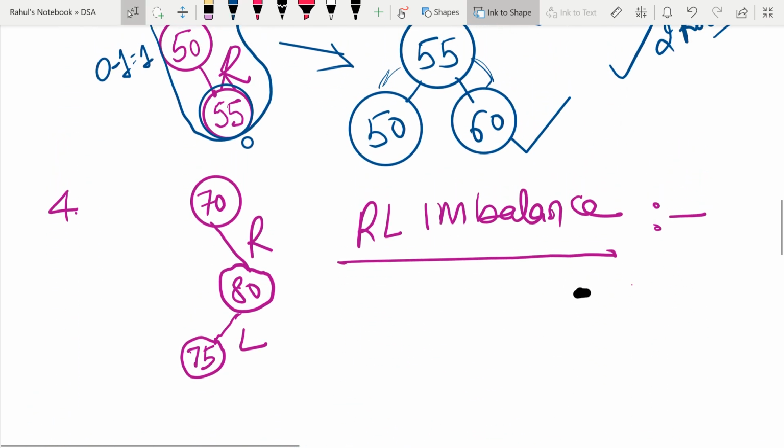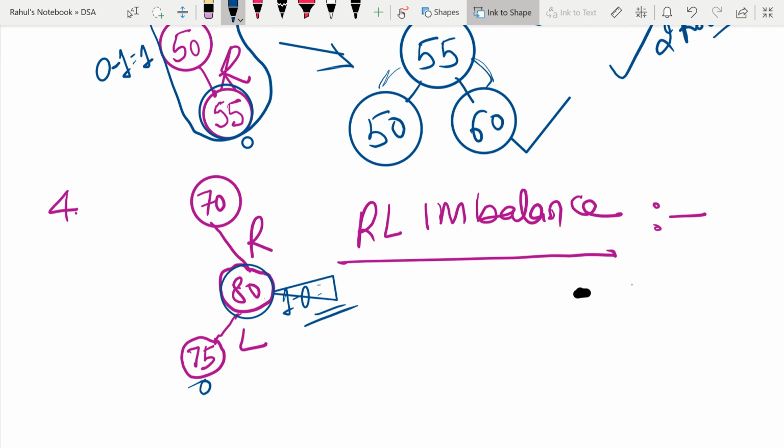Now if you look at the RL imbalance, that is right-left imbalance. If you calculate the balance factor of the lowest node, it is a leaf node, so its balance factor is 0. The balance factor of this node is the height of the left subtree, 1, minus the height of the right subtree, 0. So 1 minus 0 is 1. No problem until that.